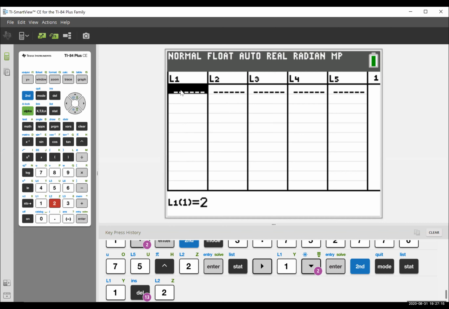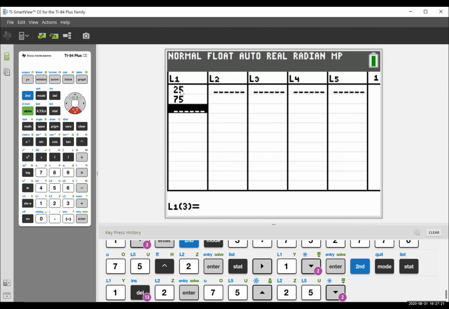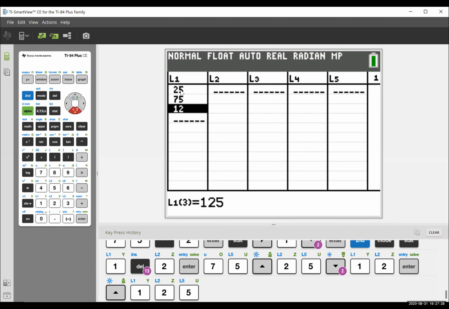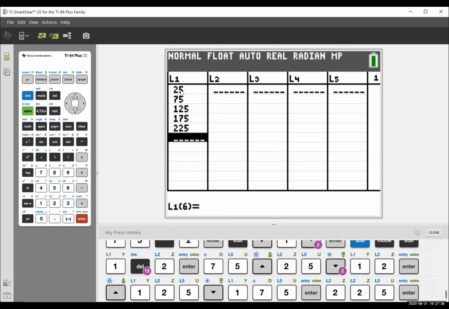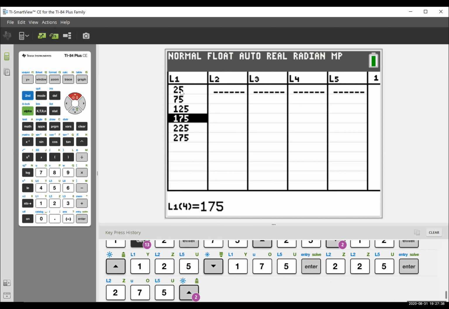You have 25, 75, 125, 175, 225, and 275.